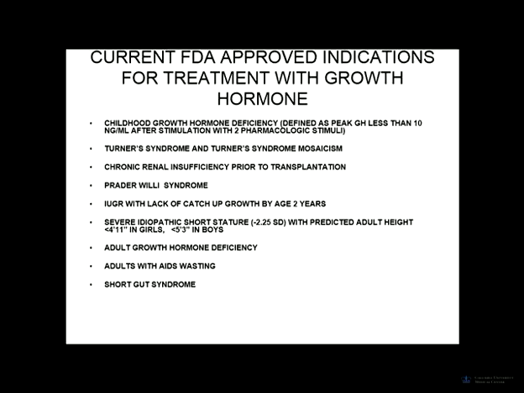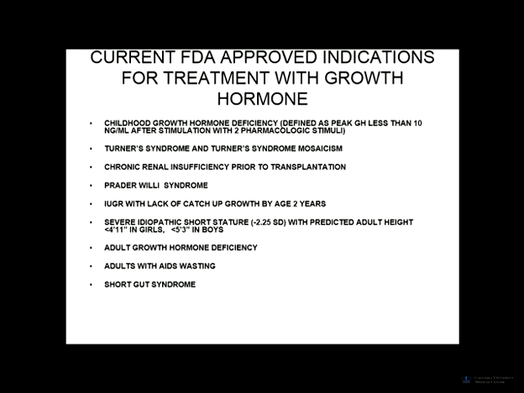Adult growth hormone deficiency. To be considered deficient as an adult, you need a peak growth hormone, I think, less than 3 nanograms per mL, whereas in childhood it's 10. And I think it's 3, it might be 5. But it's definitely at least half of what it is for children. And the treatment dose of growth hormone in adults, if you have a child who has no pituitary gland and you've been replacing them, you know they're definitely deficient.